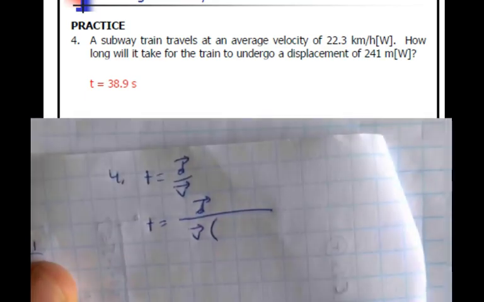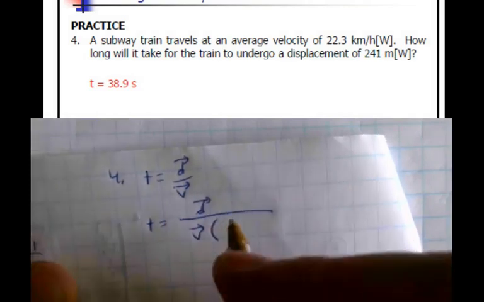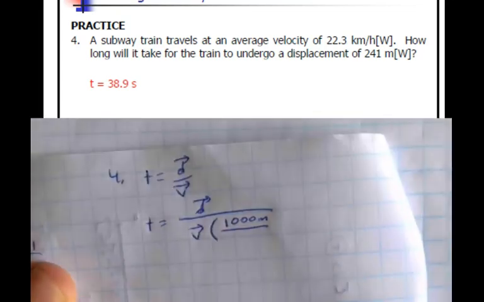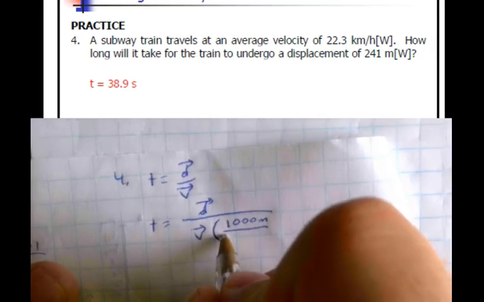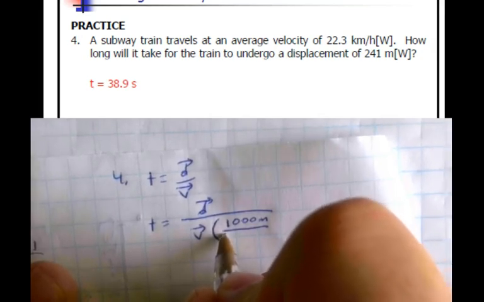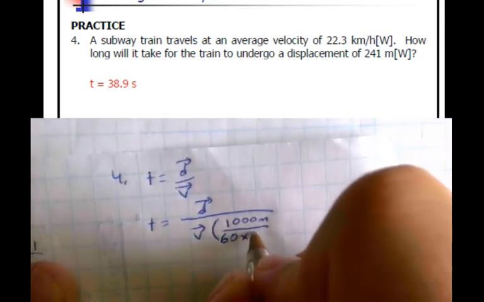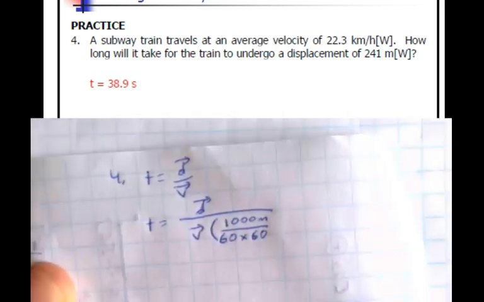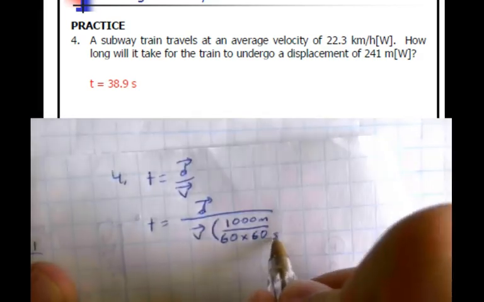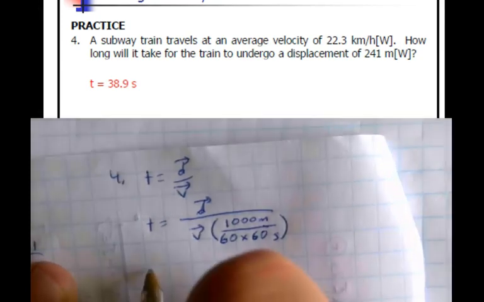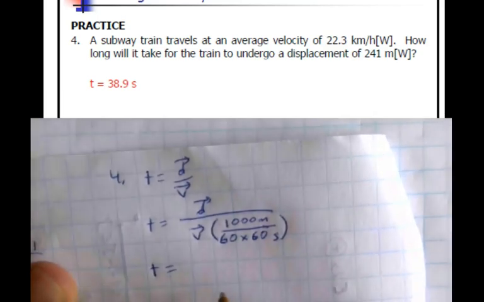To change kilometers to meters, we multiply by 1,000 meters. And to change hours to seconds, we multiply by the number of seconds in an hour, which is 60 seconds in a minute times 60 minutes in an hour. So 60 times 60 is the conversion factor we have to multiply by. Let's do this all together here.